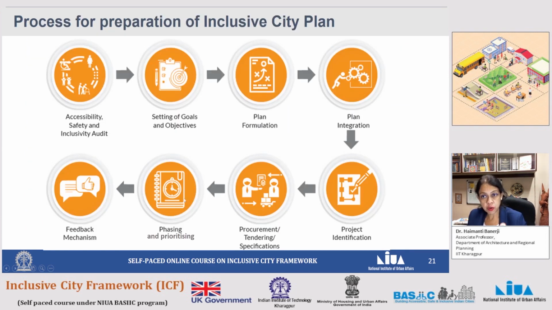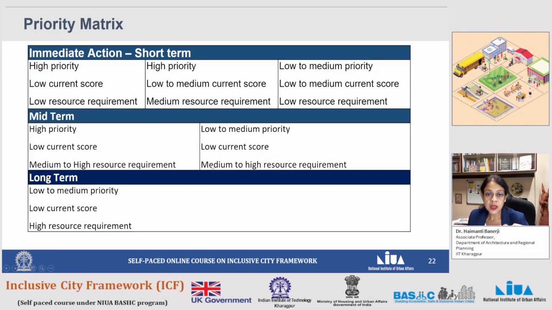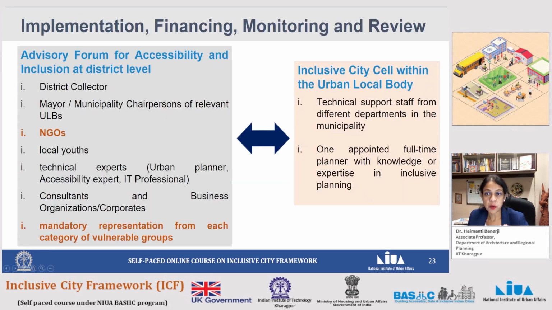So there should be proper monitoring and feedback that should include in-house and third-party audit. Representatives from the target group are to be included in the review process. The ICF suggests formation of an advisory board at the district level and an inclusive city cell within the urban local body, looking after the nitty-gritties of implementation.